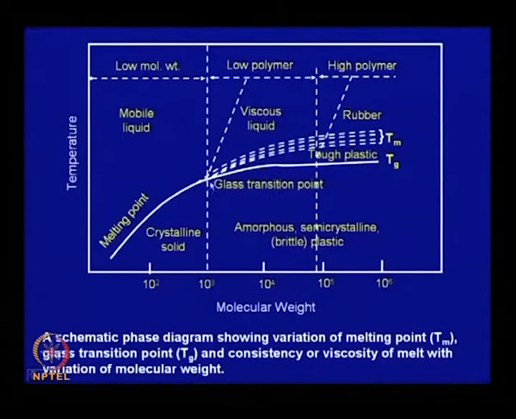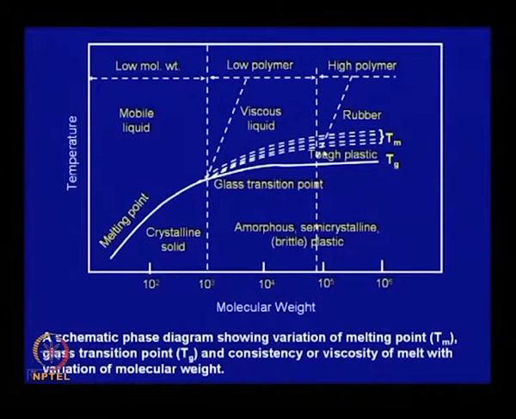So, toughness depends on the mobility of the segments, deformation of the segments, deformation of the polymer chains. Here you see this is Tg; below Tg is brittle for amorphous material, above Tg it is a little flexible.